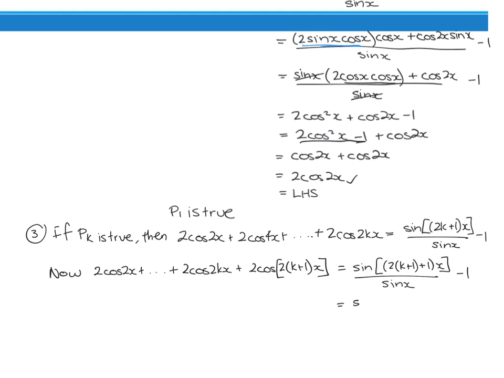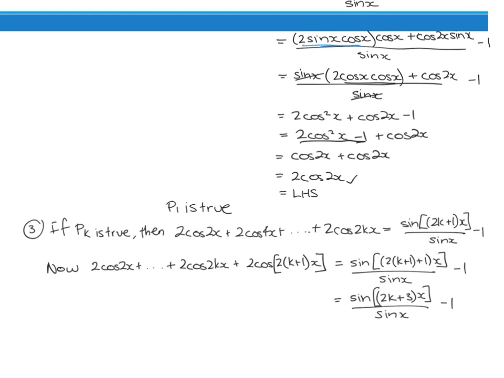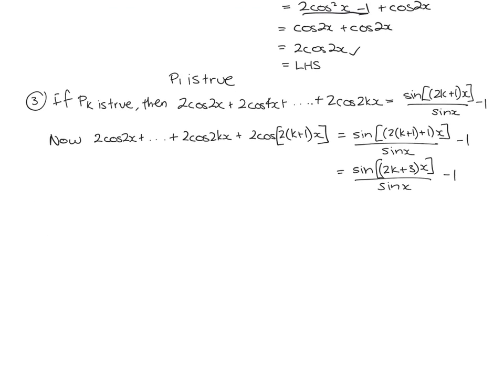Let's simplify that a little bit. We're going to have sine (2k plus 3)x over sine x minus 1. Now, of course that's not all going to move there.